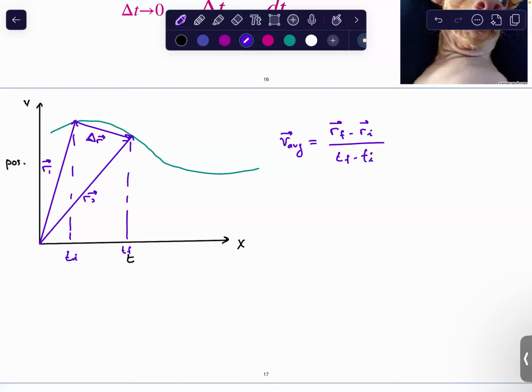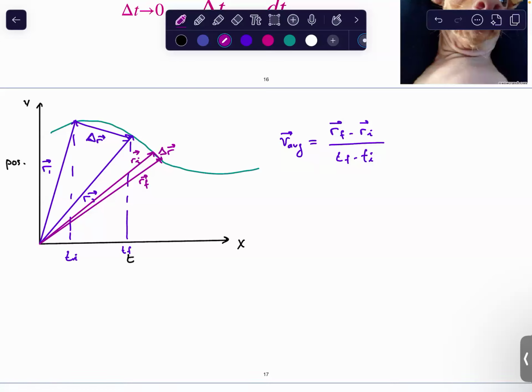Okay, so we can do an average velocity for that. But what if we do it again? So we have a displacement for that one.